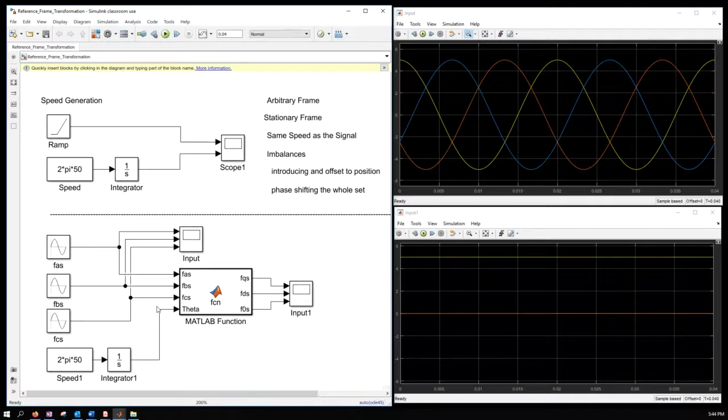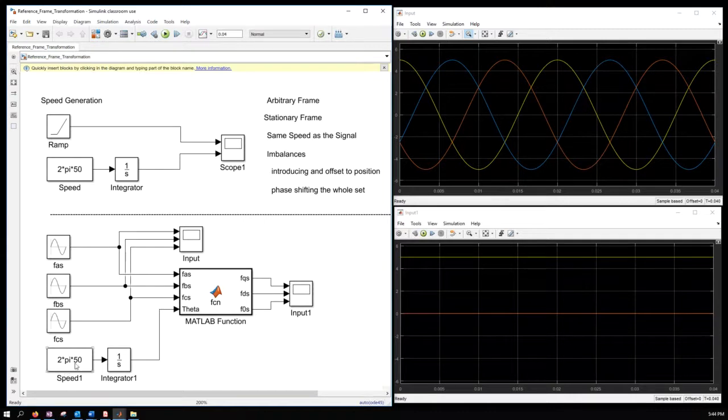Okay. So does that give a good idea of what this reference frame transformation does to signals? Yeah. Okay. Good. Any questions? Anything you would like to see in this simulation? Now again, you can have harmonics go in here.